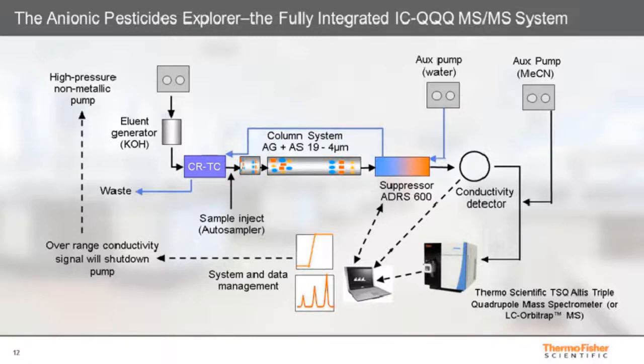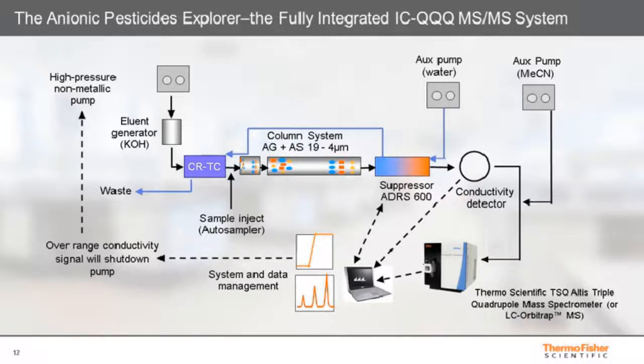An ion dynamically regenerated suppressor installed after the columns converts potassium hydroxide to water before the eluent flow enters the conductivity detector and mass spectrometer, which are connected in series.